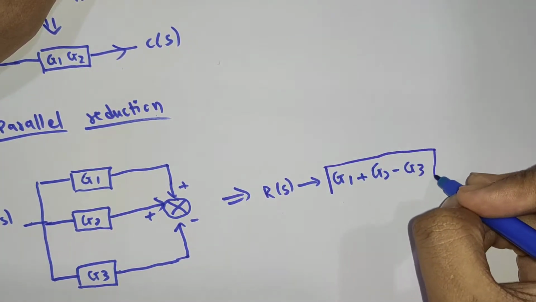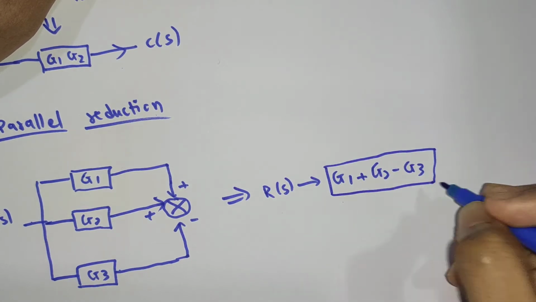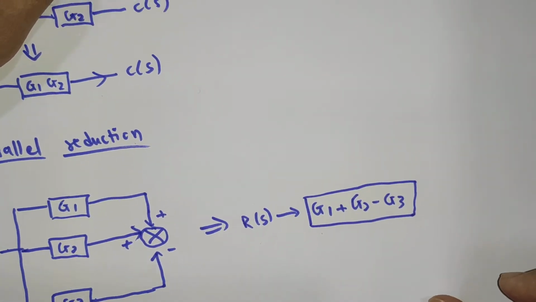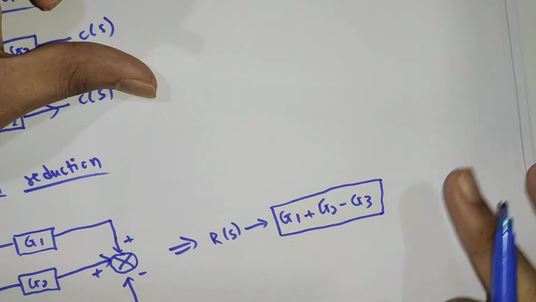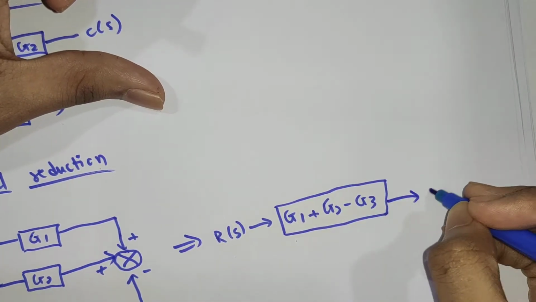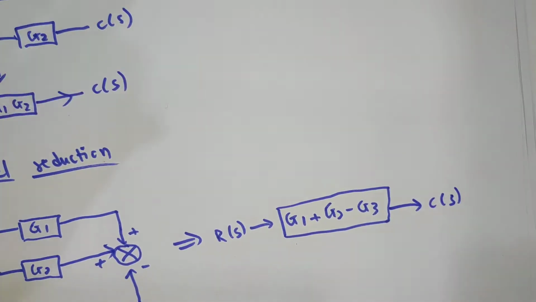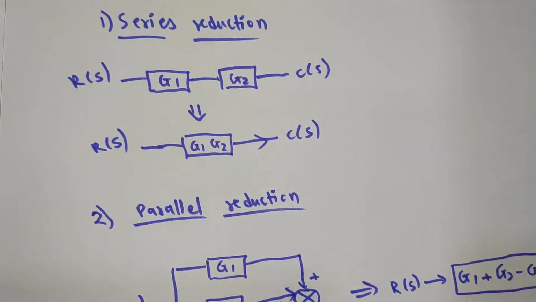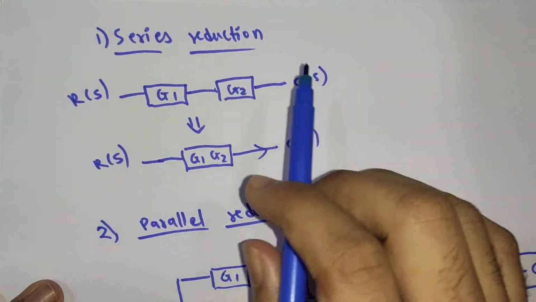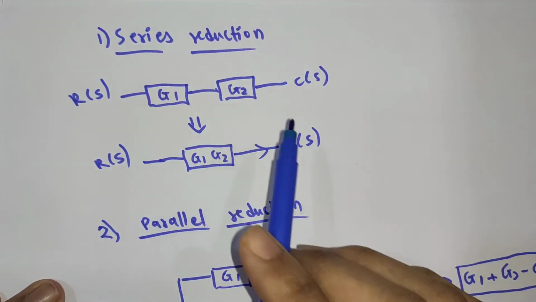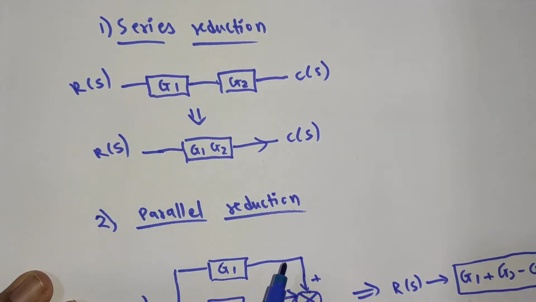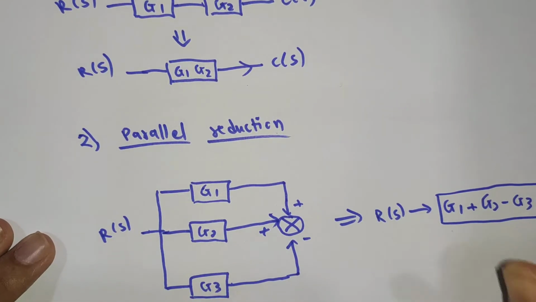So these three blocks can be reduced to one block with the help of the parallel reduction rule, and here will be the output. So we have done two rules: the first was series reduction, and the second was parallel reduction.